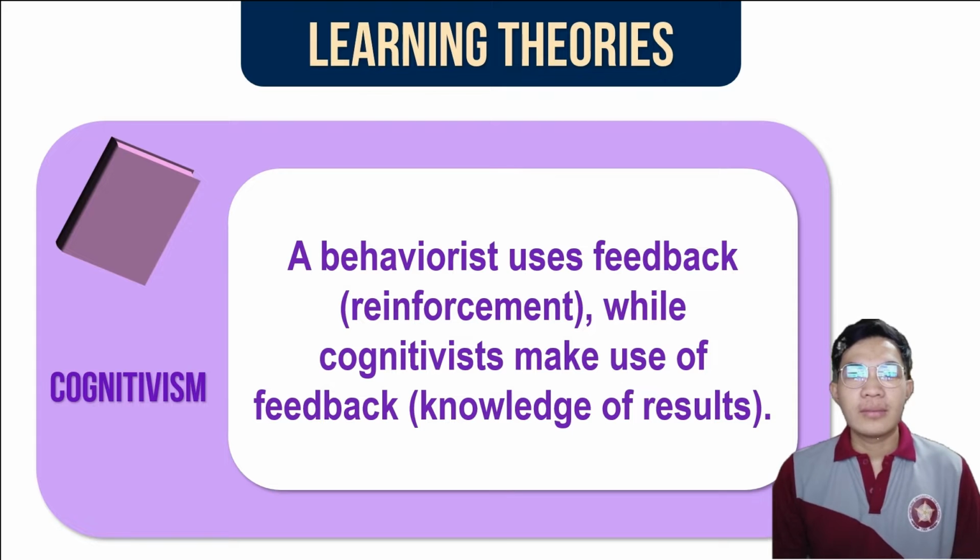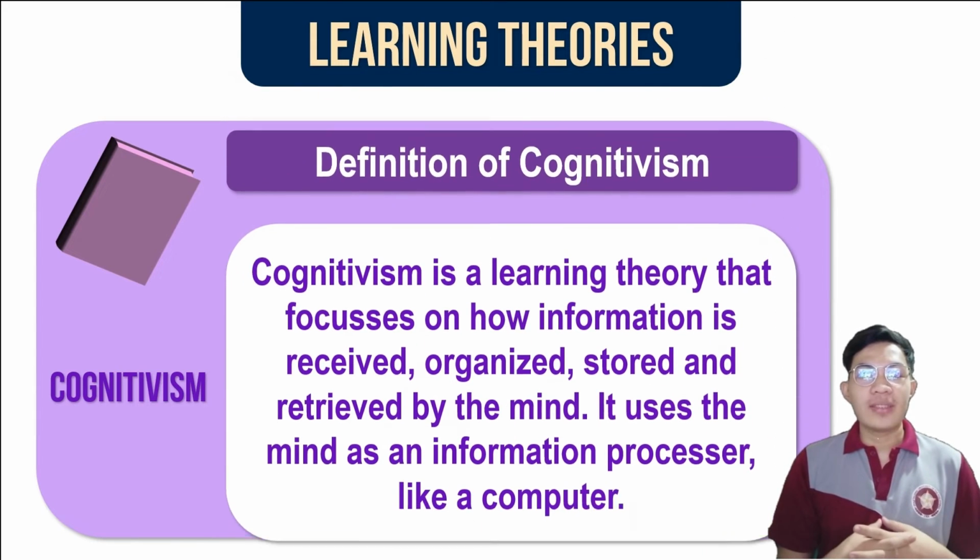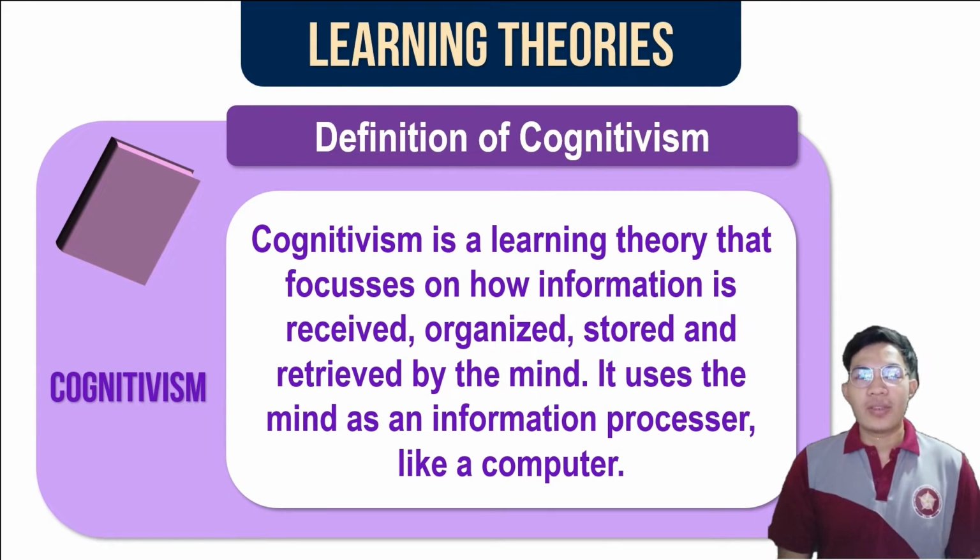So let us define what is cognitivism. Cognitivism is a learning theory that focuses on how information is received, organized, stored, and retrieved by the mind. So it uses the mind as an information processor like a computer.